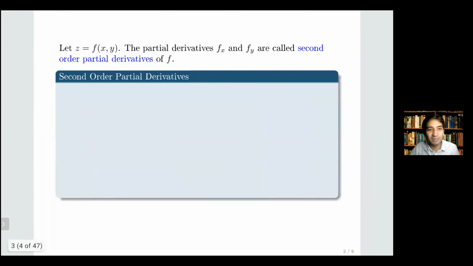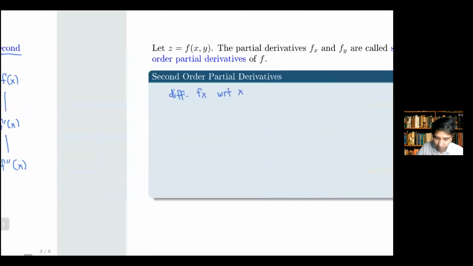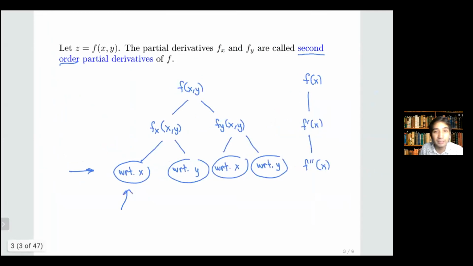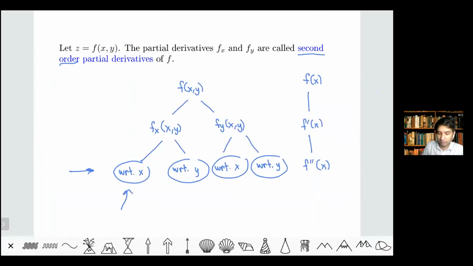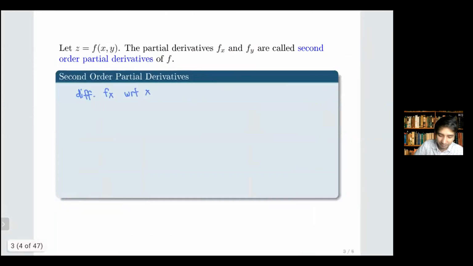Ang nakakalito lang siguro dito yung notation. Halimbawa, yung process of differentiating fx with respect to x. Okay? Ito yung unang second partial derivative natin. Paano natin tatawagin yan? Okay?